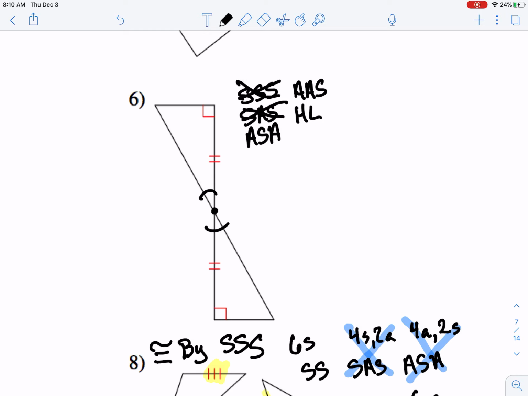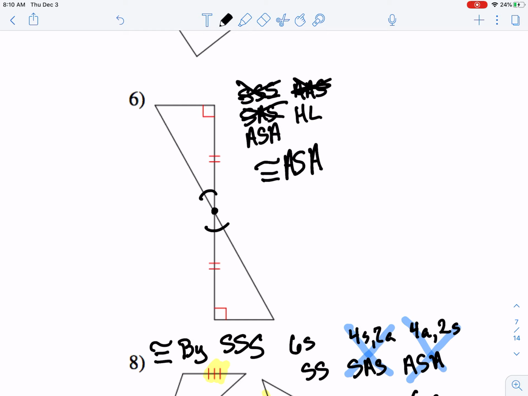It's a right triangle, so I could use hypotenuse leg. The known side is between two angles that have the same amount of marks. So I could say congruent by angle, side, angle. All right, I'm not doing angle, angle, side because the known side is not outside of the two angles.